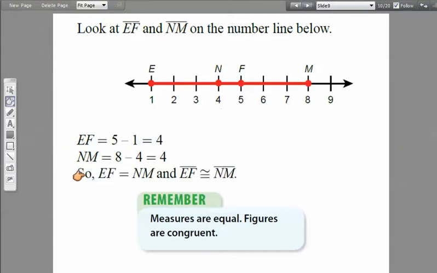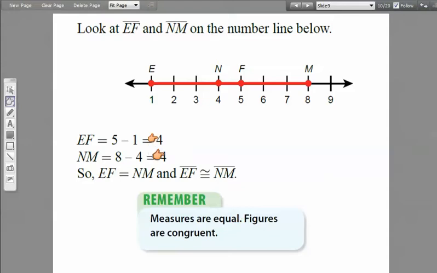Now then, this tells us that the measure of EF equals the measure of NM. It also tells us that segment EF is congruent to segment NM. So here's an important rule to remember. Measures are always equal, figures are congruent.